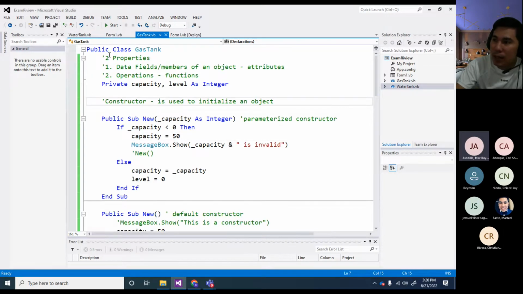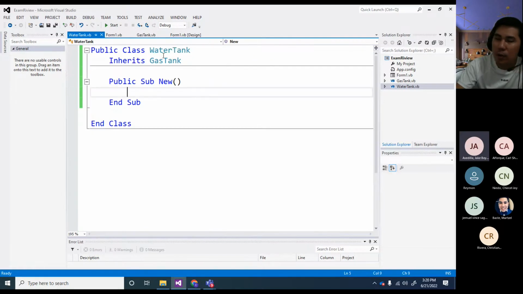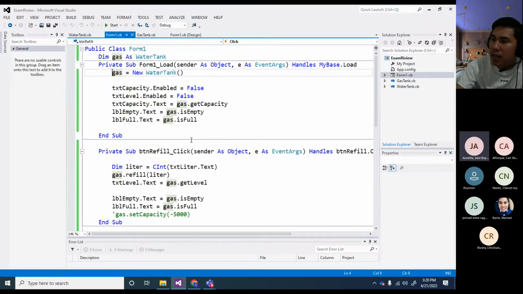So meaning, although my code is in the gas tank, since I inherited from water tank to gas tank, this makes the gas tank the child and this makes the water tank the parent. Therefore, whatever is from the gas tank, I can still use it. This is a testament that even though the gas is declared or instantiated as water tank, I can still use the operations inside of a gas tank.